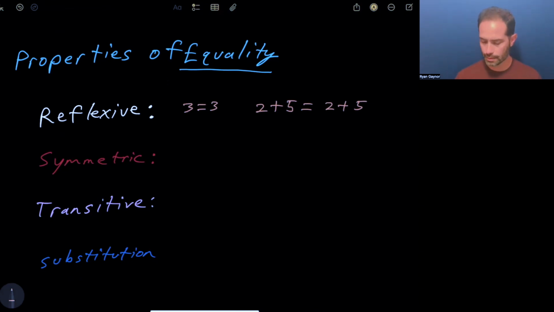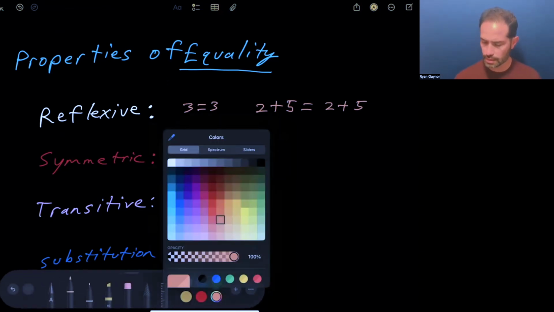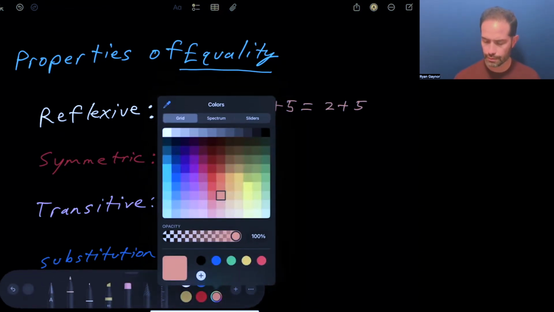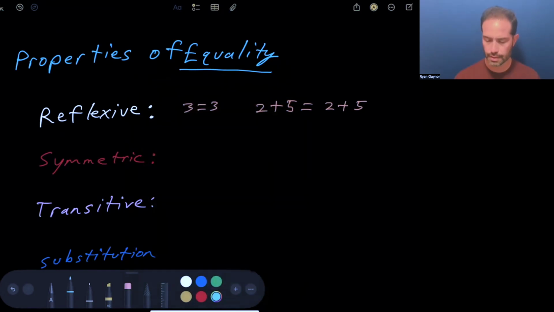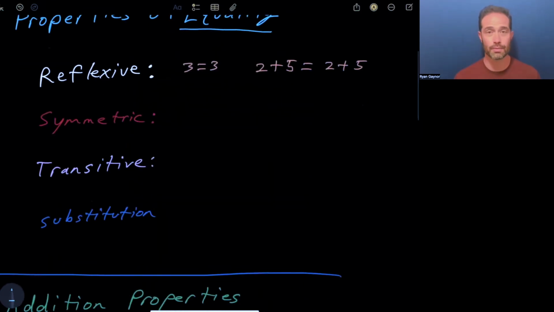All right, let's go to the next one. So now we have symmetric. Symmetric, what does that mean? Well, symmetric property is if one quantity equals a second quantity, then the second quantity equals the first quantity. So here we go.